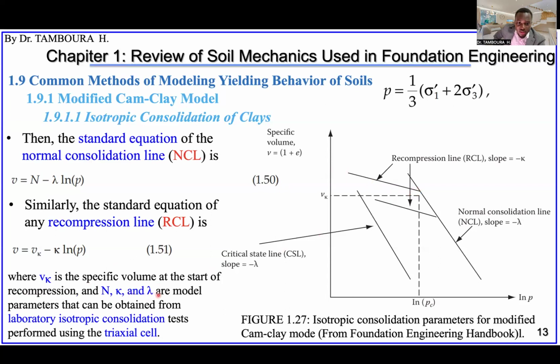N, K, and lambda are the model parameters that can be obtained from laboratory isotropic consolidation. When you do isotropic consolidation in the lab, triaxial test, using this triaxial cell, you can obtain these parameters very easily.